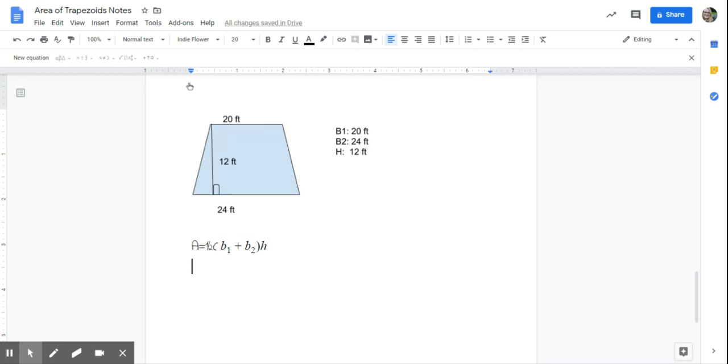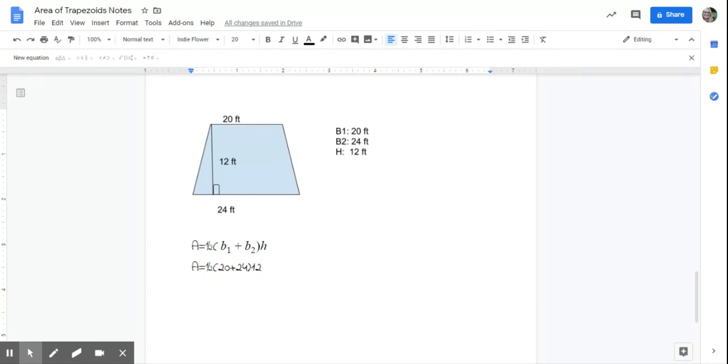I don't know the area, so I'm going to write area equals 1/2 is always just 1/2 times, I'm going to use these numbers up here. So my base 1 was 20 plus base 2 is 24, and the height is 12.